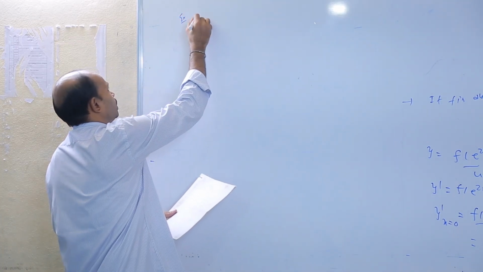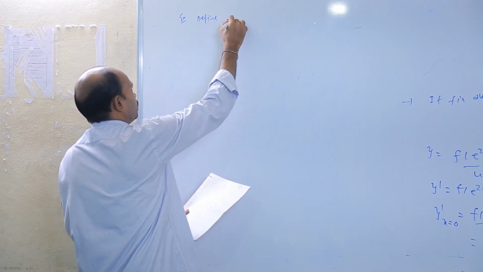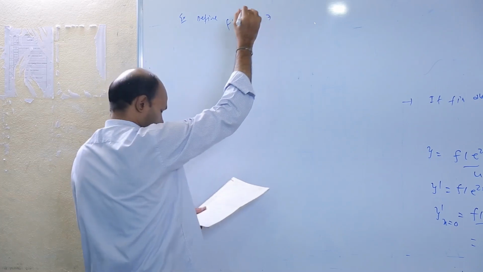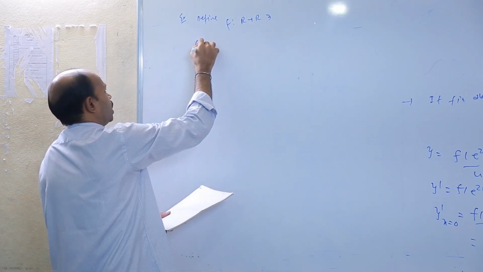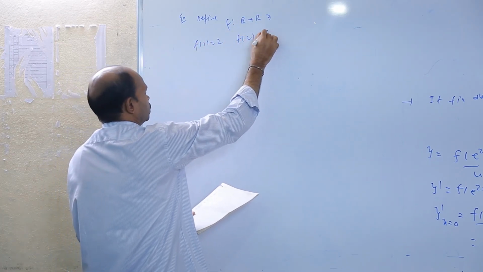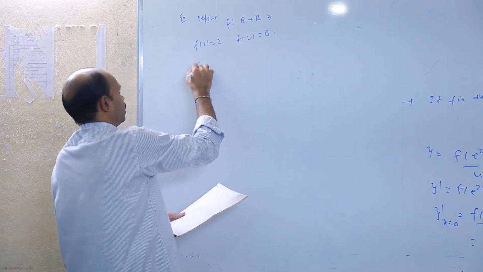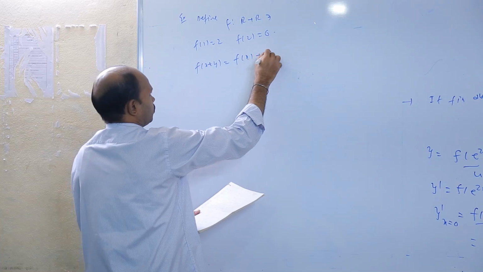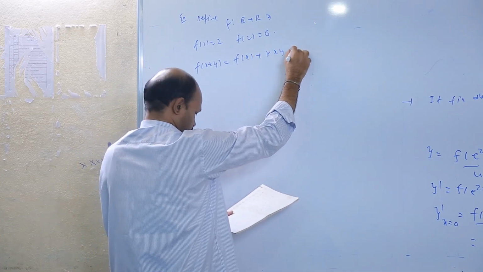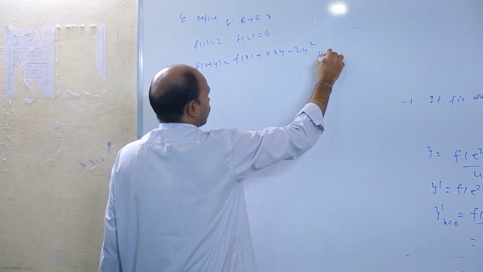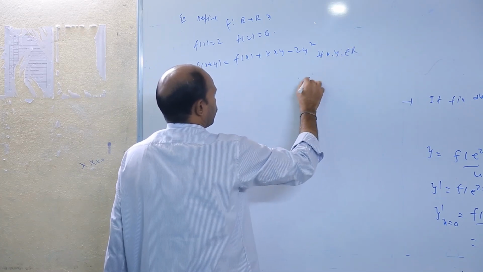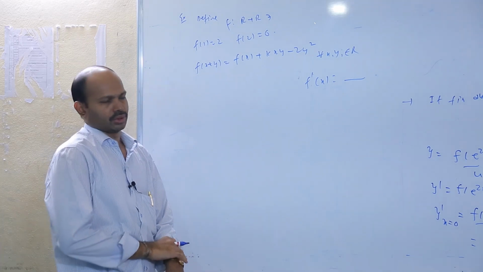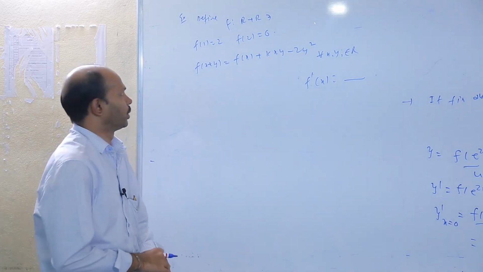Define f from R to R such that f of 1 is equal to 2, f of 2 is equal to 6, and f of x plus y is equal to f of x plus kxy minus 2y square. This is for all x and y. Then find what is f dash x. The data looks lengthy, but the solution is very easy if you think properly.